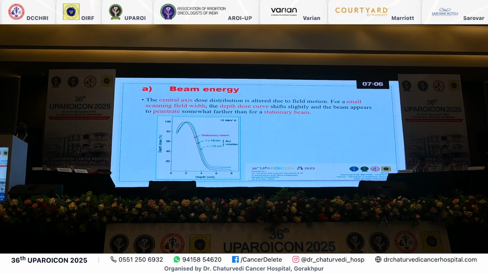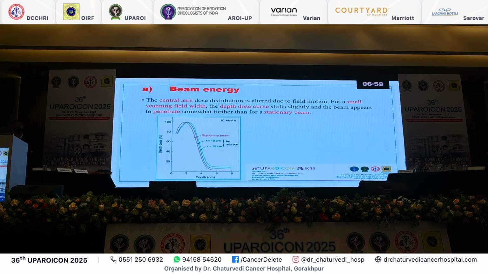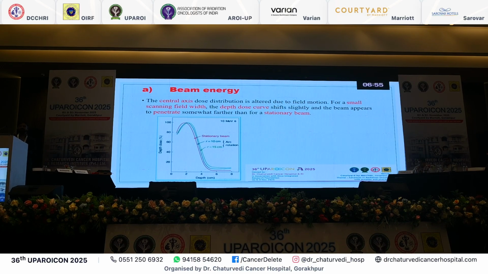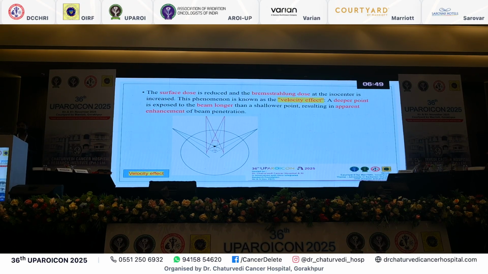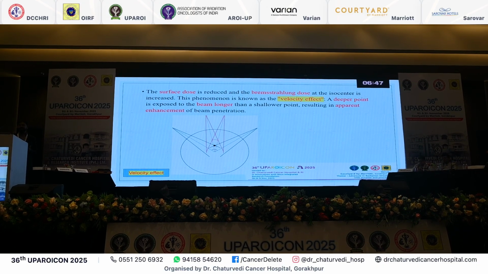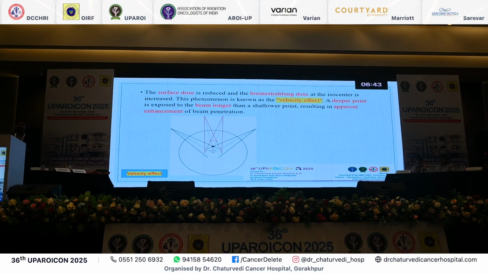The central axis dose distribution is altered due to the field motion. For a small scanning field, the dose curve is shifted slightly and the beam appears to penetrate somewhat further than a stationary beam. The surface dose is reduced and the dose at the isocenter is increased.